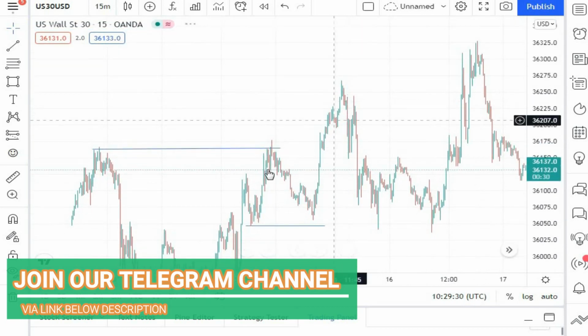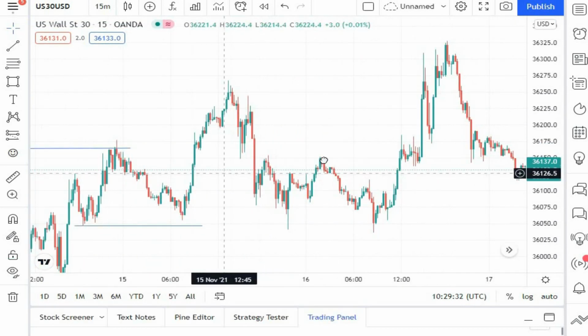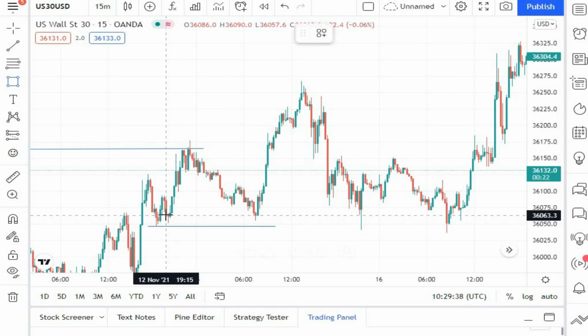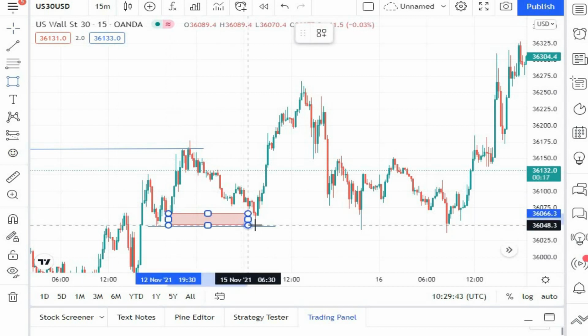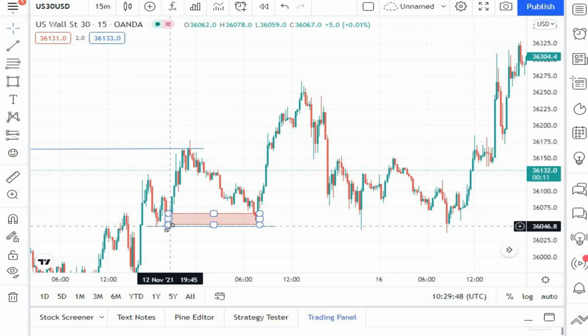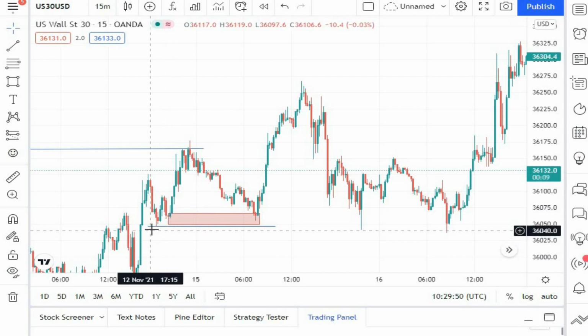So as you can see here guys, right there, this was the last candlestick which we are talking about. This candlestick right there was the last candlestick which was issued by the dealer going up, and that's where you mark your high and your low, and you put your SL below this higher low.